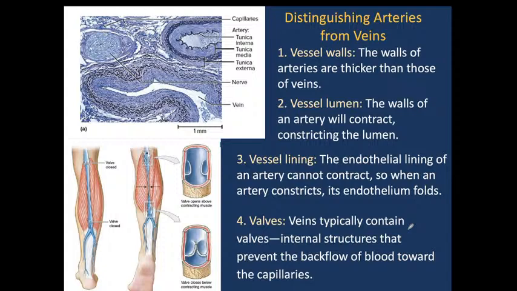The walls of arteries are thicker than those of veins. It is visible. Here is the artery. This is the artery, and you see the wall of the artery is usually thicker than the vein's wall.